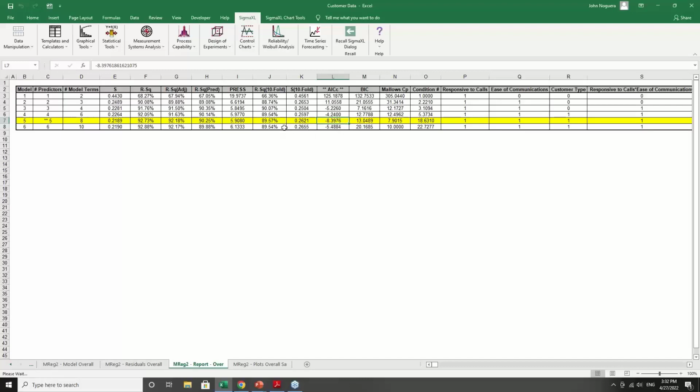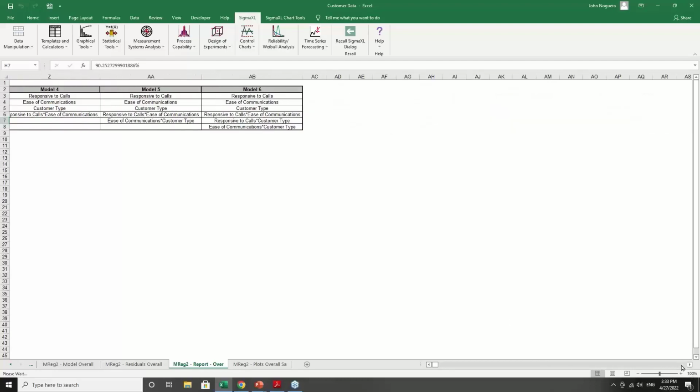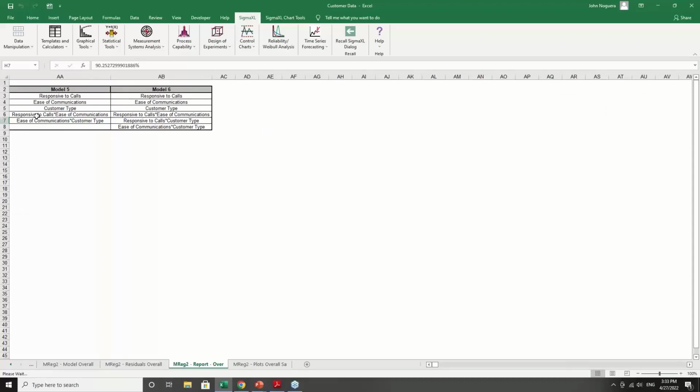And it just so happens that the R-square predicted is 90.25, which is not quite as high as you would get. When we rerun with Bayesian information criterion, R-square predicted will be a little bit better. So similar report in that you can scroll across and look at model 5.